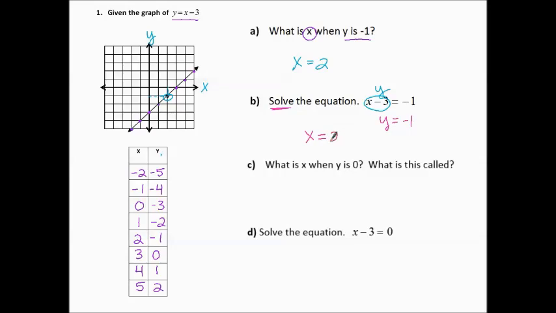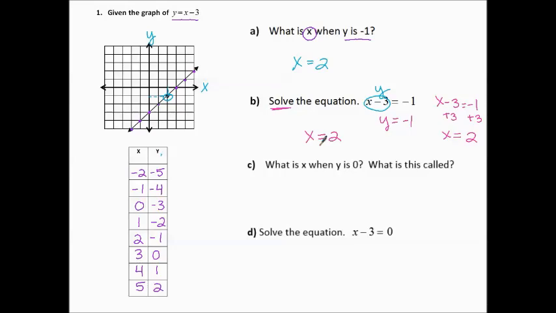X equals 2. We can use our graph and our table to help us solve the equation without doing it mathematically. Now you may recall how to solve this equation. X minus 3 equals negative 1. We add 3 to both sides. X equals negative 1 plus 3 is 2. So you can feel free to check your work, but for now we want to be using the graph and the table to help us figure out and solve that equation. But you can always check your work using the algebra because they should match.